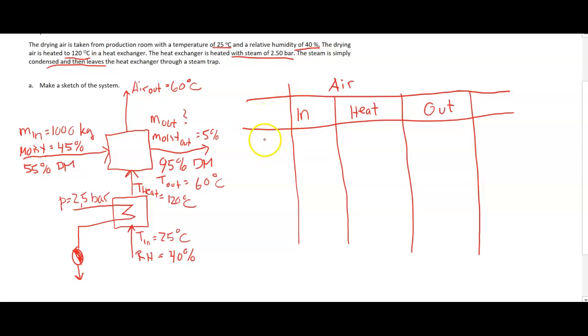So for the temperature, we can read that off here. That was 25 degrees. So in degrees centigrade. It is heated to 120. It leaves at 60. We also know that the relative humidity when the air enters are 40%.